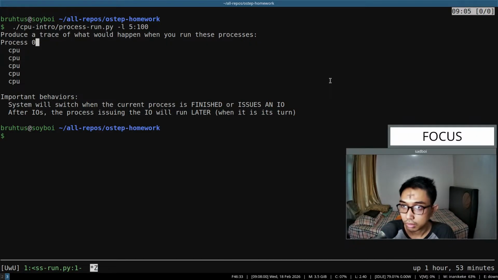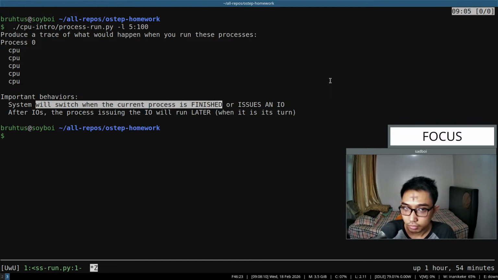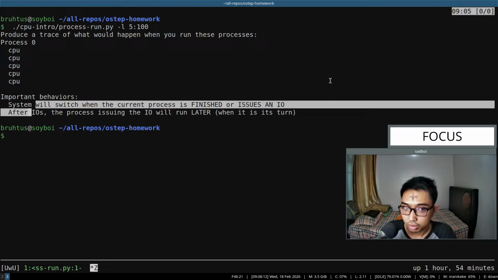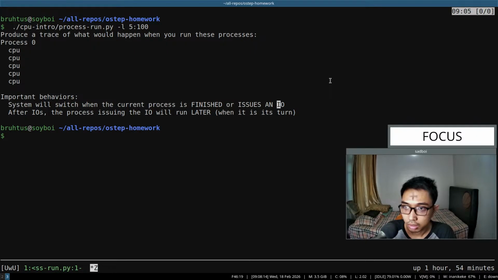Okay, process 1, process 0, CPU. System will switch when the current process is finished or issue an input-output.